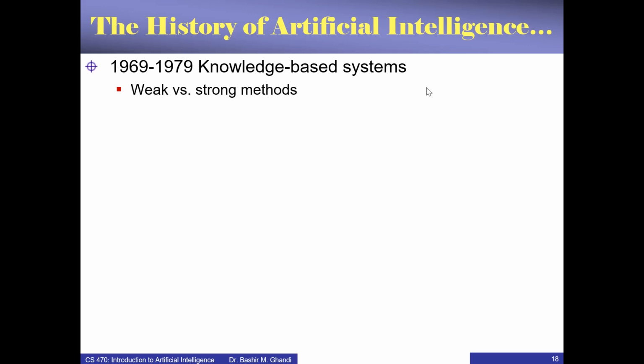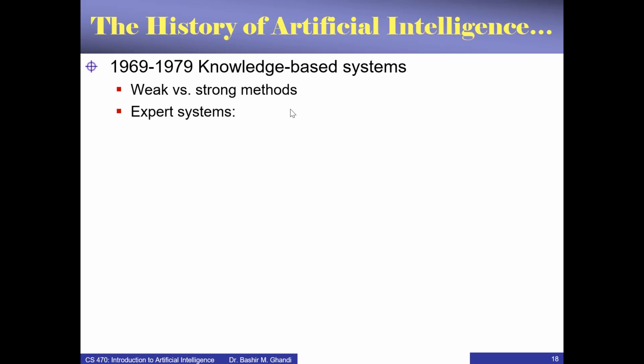Instead of using general principles, use the information you know about the domain, and that will allow you to have larger reasoning steps, and therefore in your searching algorithm you will be able to find your goal much faster. So this was the period where this methodology was discovered and things began to move again.